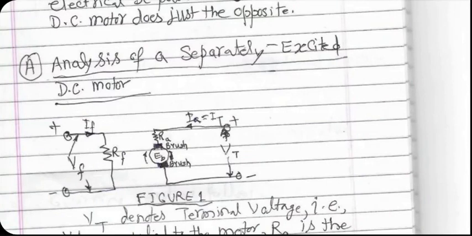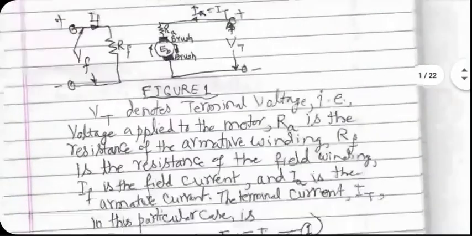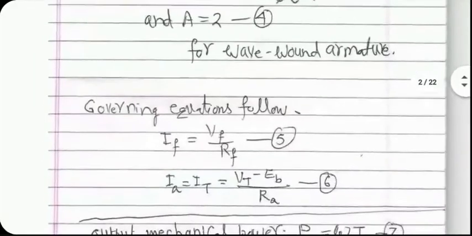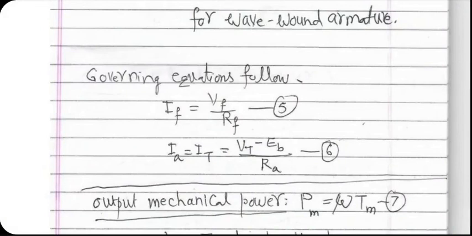Okay. EB plus IARA equals VT. So that can be rewritten as IA equals VT minus EB upon RA.